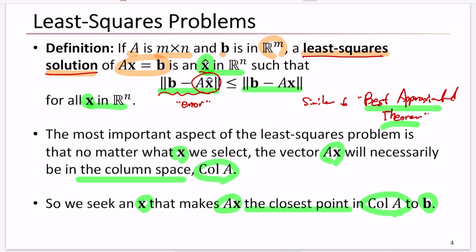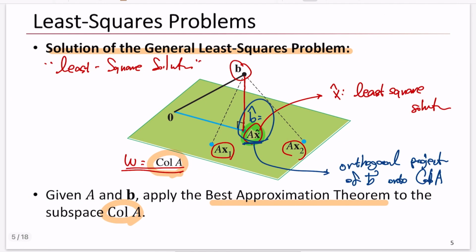This means x hat makes A x hat the closest point in the column space of matrix A to b. In this case, x hat is called the least squares solution.